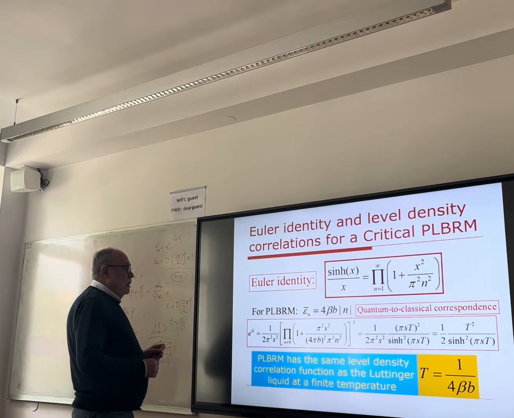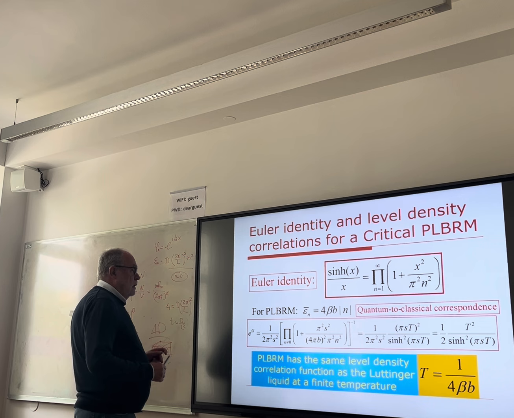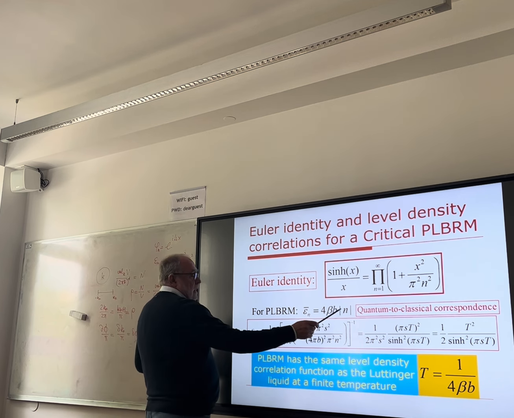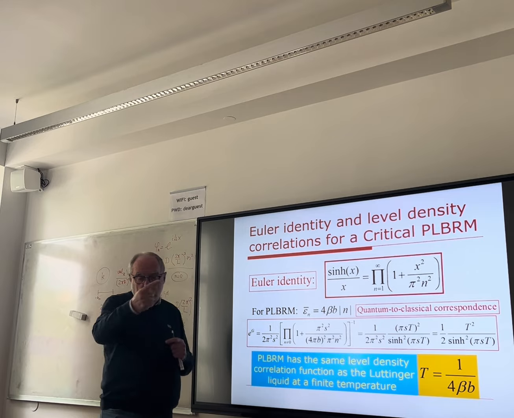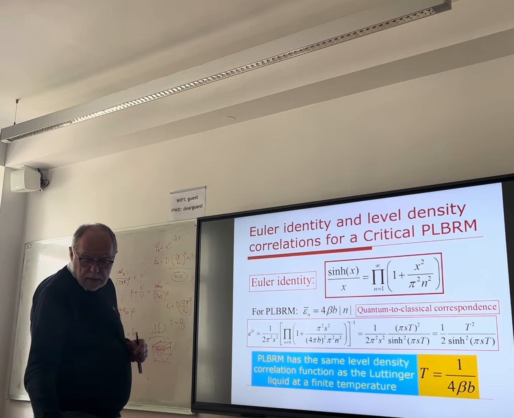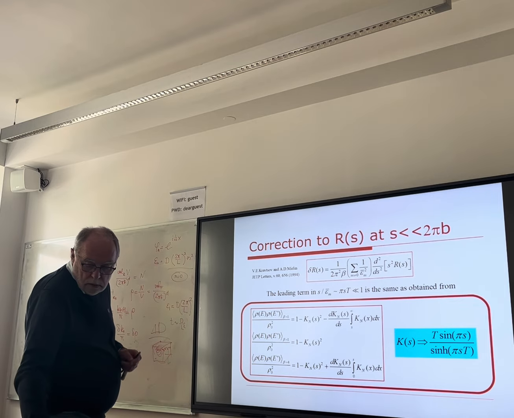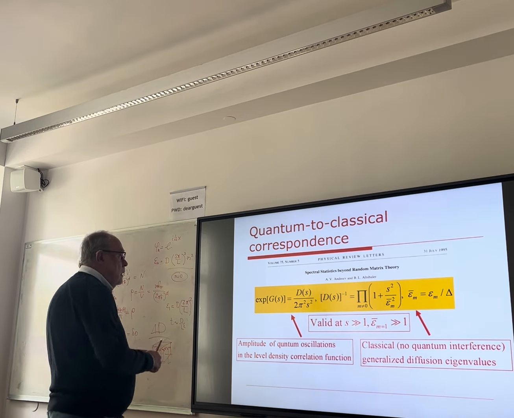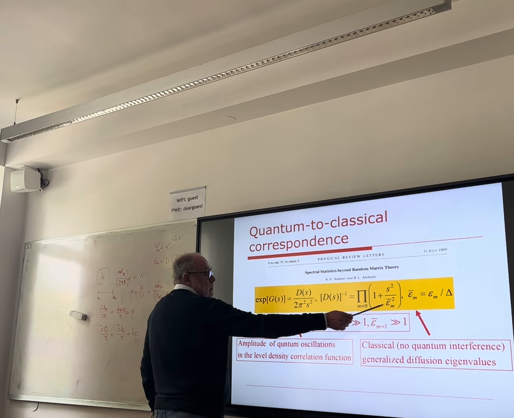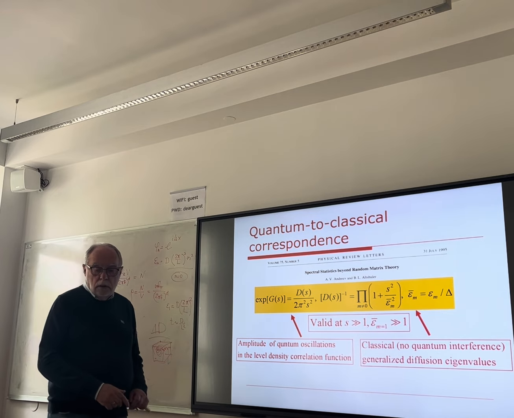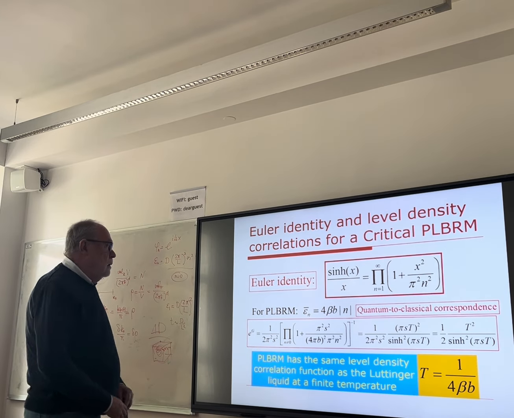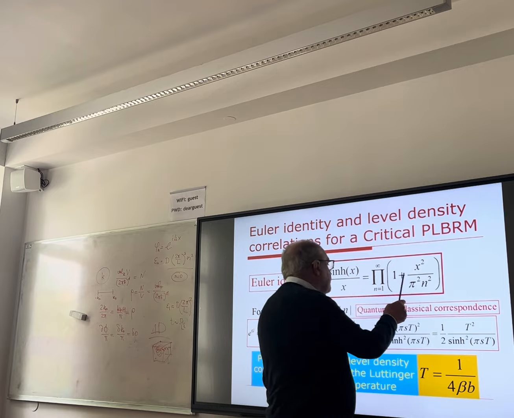Now, if we take this spectrum linearly n for power law matrices and plug it into here, you will immediately see that you get an Euler product.